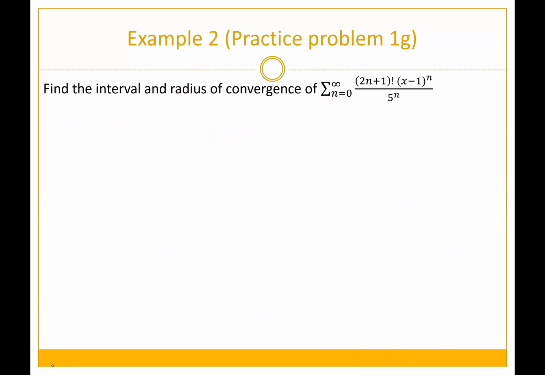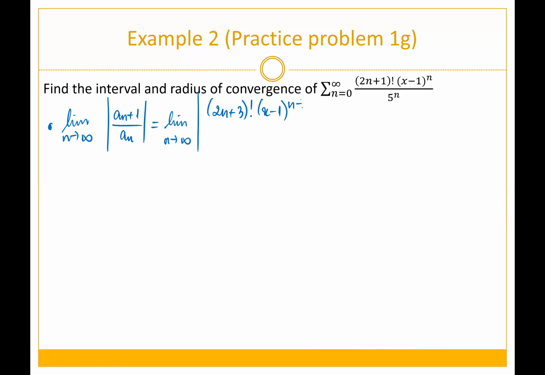Now we're going to do the same thing for a more complicated series. Again, first step, I'm going to use the ratio test or root test to find this ratio. We're going to have the limit as n approaches infinity of 2n plus 3, and then x minus 1 to the n plus 1, divided by 5 to the n plus 1, divided by 5 to the n, times x minus 1 to the n.